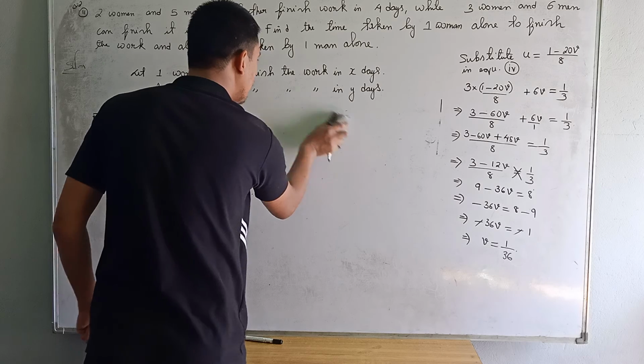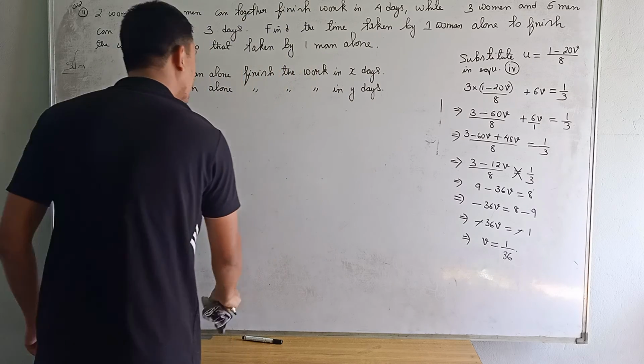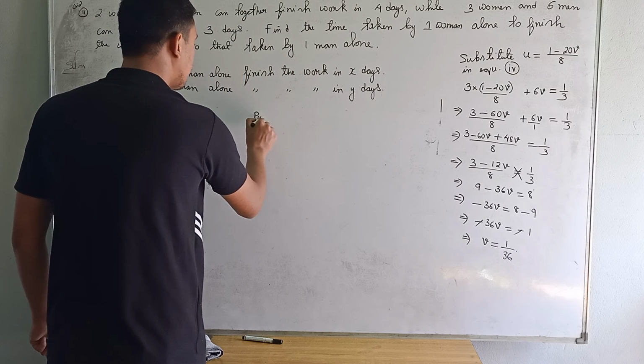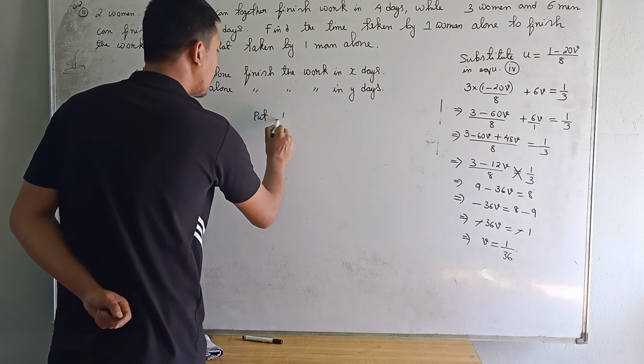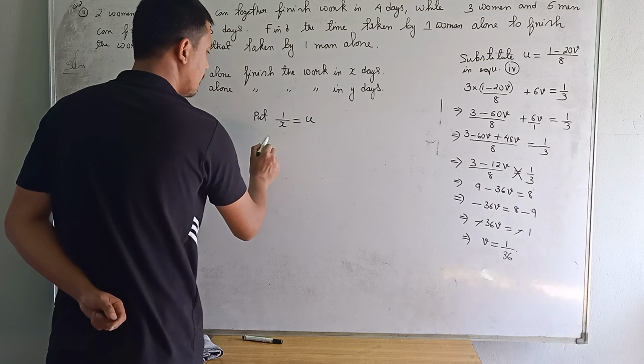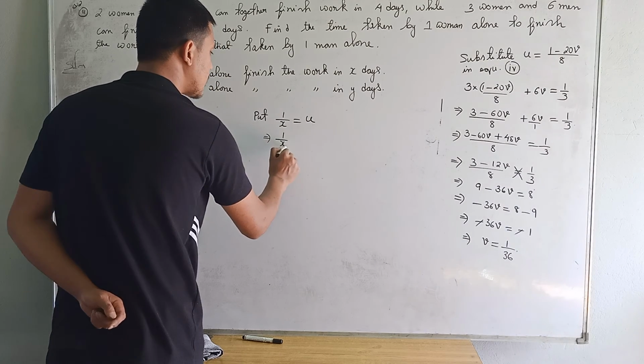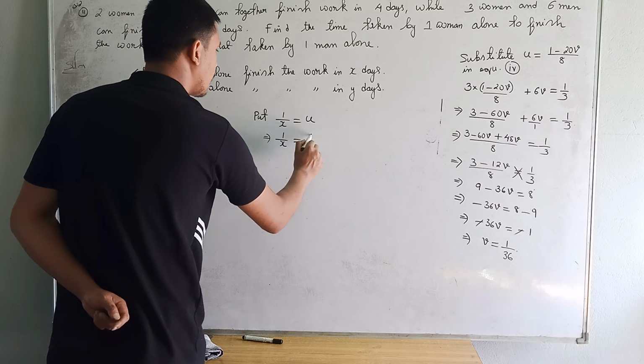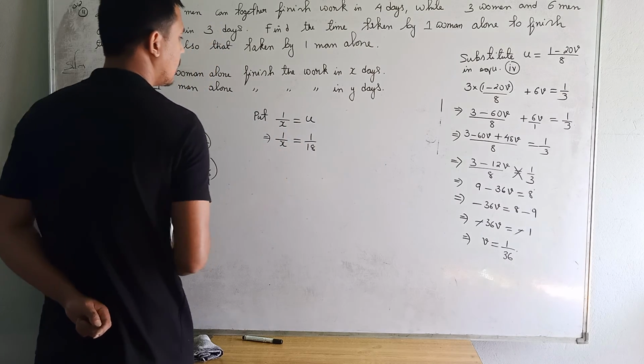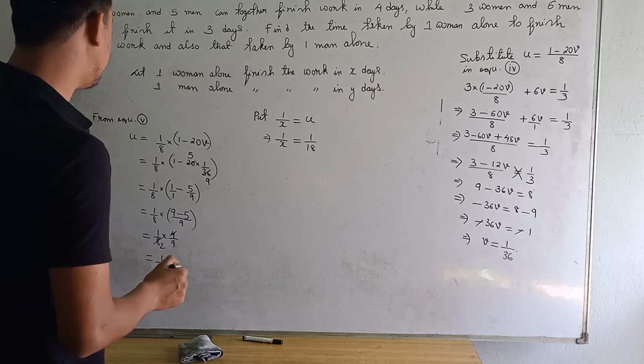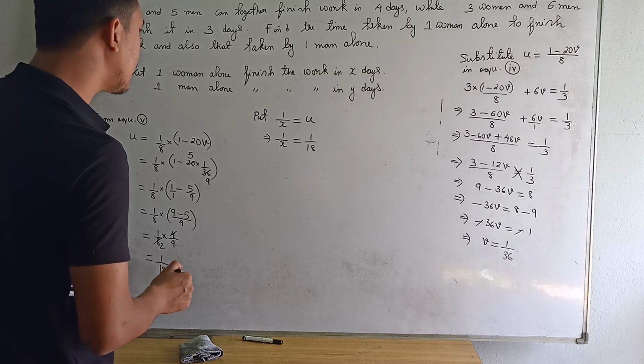So we have found u and v, but that's not it. We want x and y, right? Now see, in the first case, you have substituted 1 by x as u, right? So 1 by x is equal to u. u is 1 upon 18.